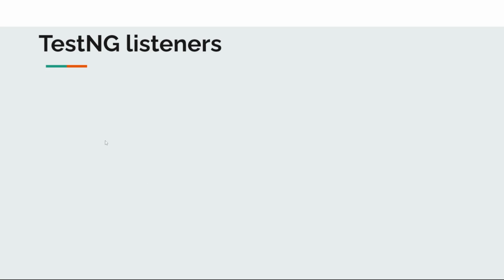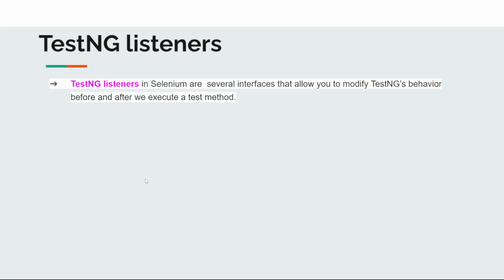And now another listener, which is the TestNG listener. TestNG listeners in Selenium are several interfaces that allow you to modify TestNG behavior before and after we execute a test method.